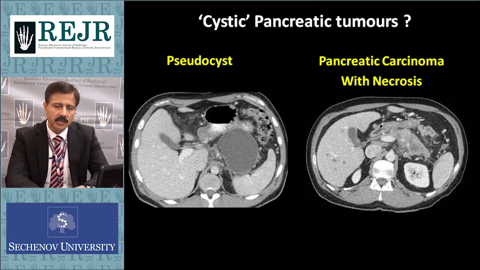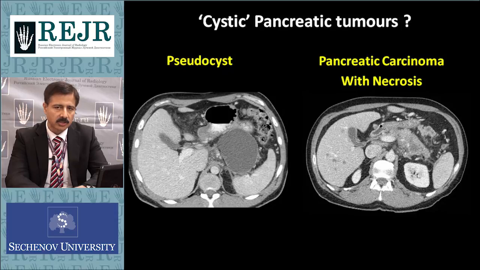Please note that in clinical practice, the most common cystic lesion, not a tumor, but a lesion which we see is a pseudocyst. I will not be discussing pseudocyst in detail today, but just to mention it, pseudocysts are seen as a complication of acute pancreatitis, usually 4 to 6 weeks after the episode.